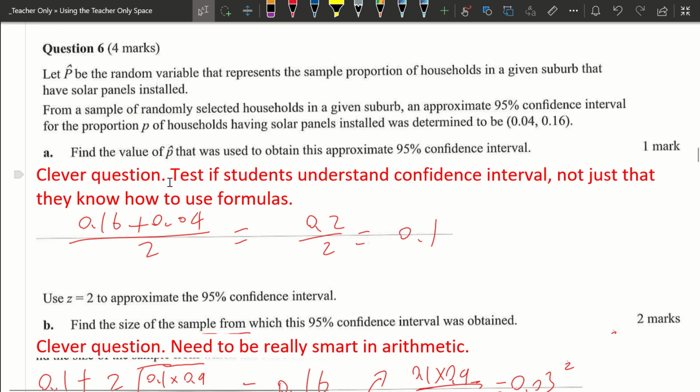So P hat, the sample proportion, by definition of confidence interval, is in the exact middle of any confidence interval.